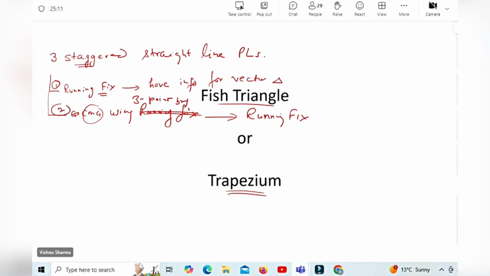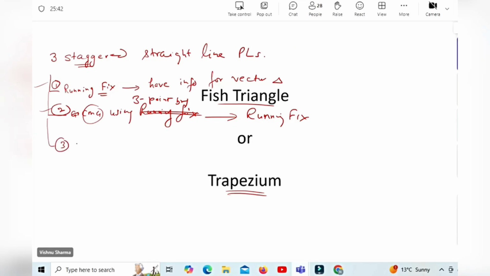So when you have three staggered PLs, you will see whether you can do it by running fix. If you're not able to because you don't have information, then you'll see if you can get additional information of CMG and close it out by 3-point bearing. If you can, please do so. Now, if you are not able to use 3-point bearing also, when will that be?